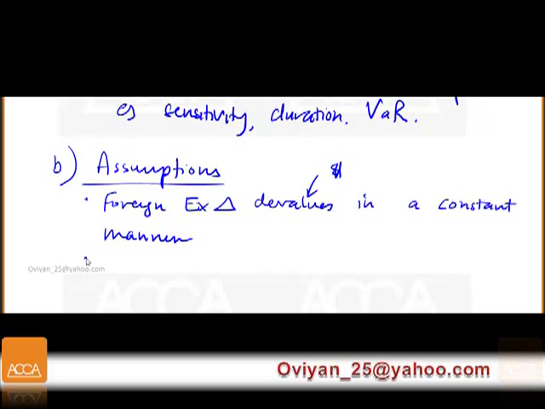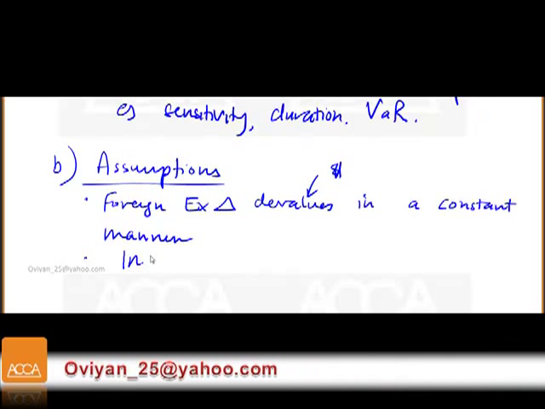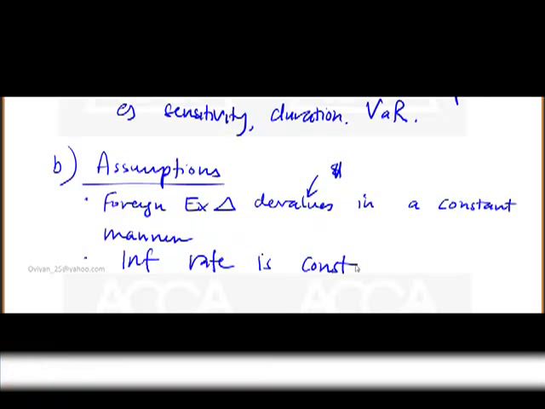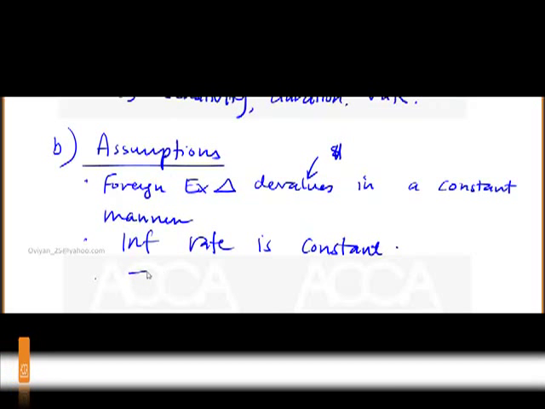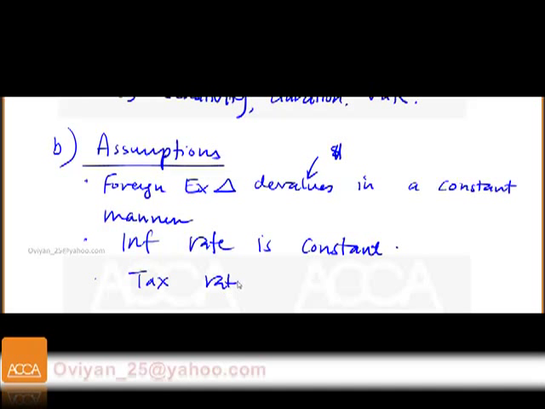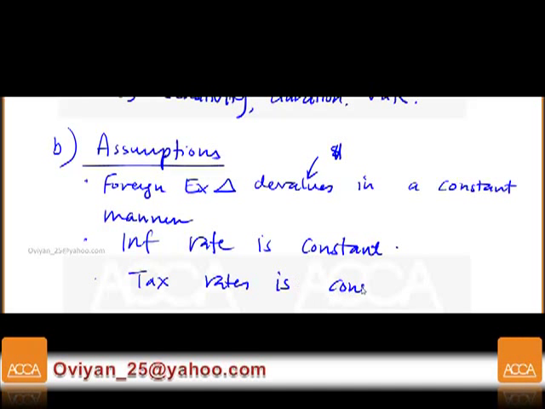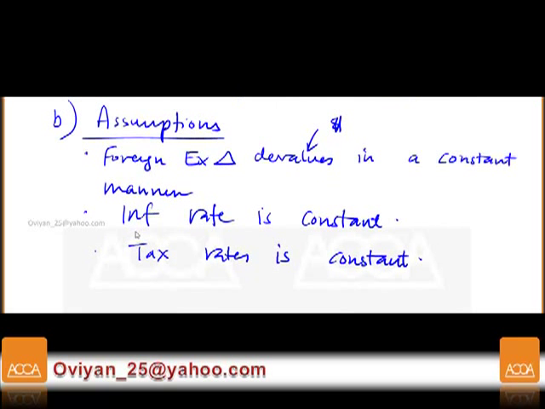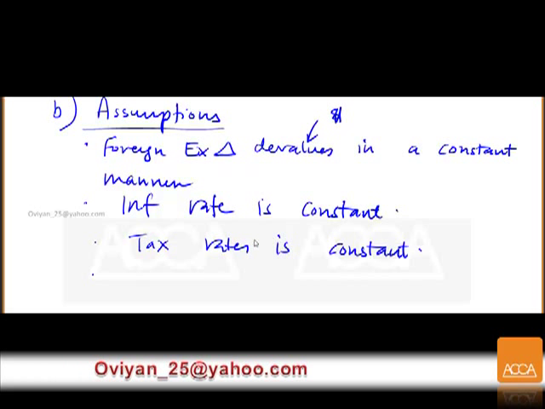Second point to say is that the inflation rate is constant. Specific inflation rates are constant for each of these particular variables. Tax rates are constant. So these are the assumptions that we're going to make.